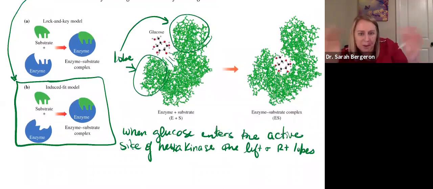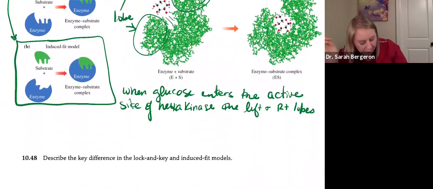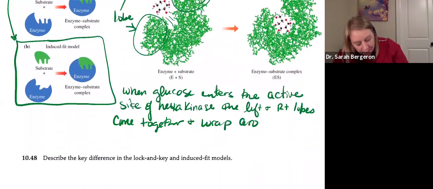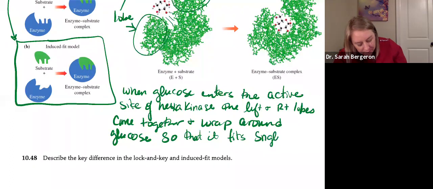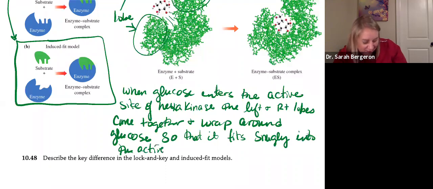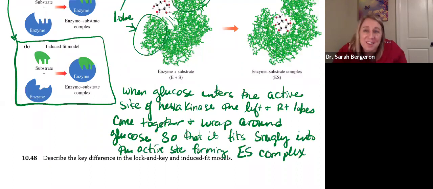They will come together and wrap around glucose so that it fits snugly into the active site, forming the enzyme substrate complex. So that's induced fit. That's a definition of induced fit.